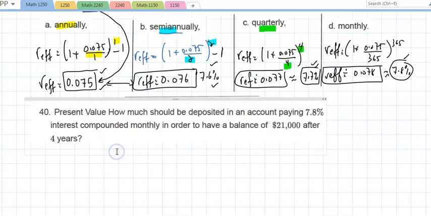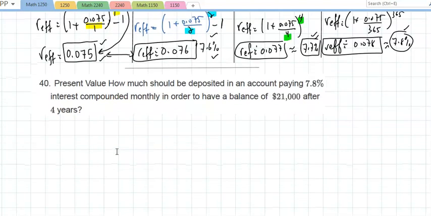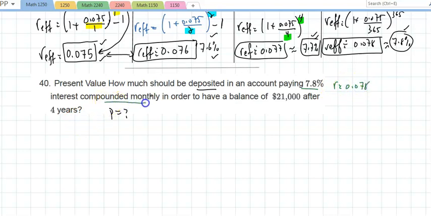How about here? Present value. How much present should be deposited? That's P. They're asking for P. In an account paying 7.8%, 0.078, investment compounded monthly, so N equals 12. In order to have a balance, I want A to be 21,000.